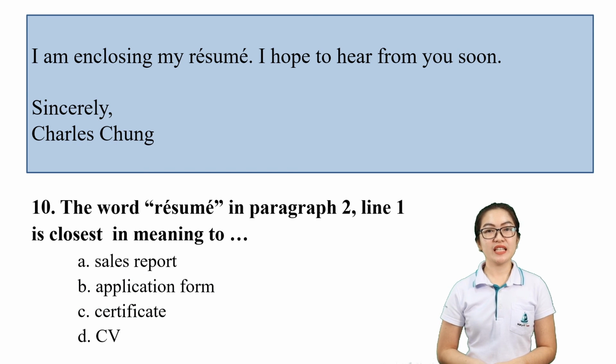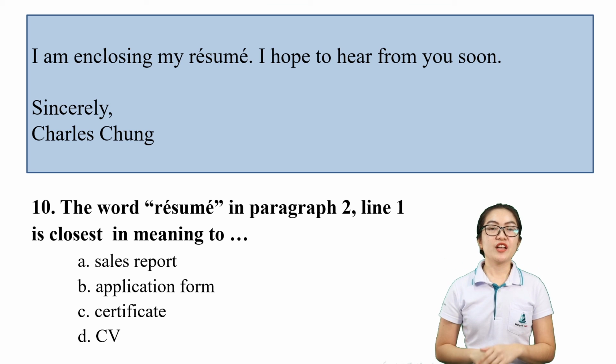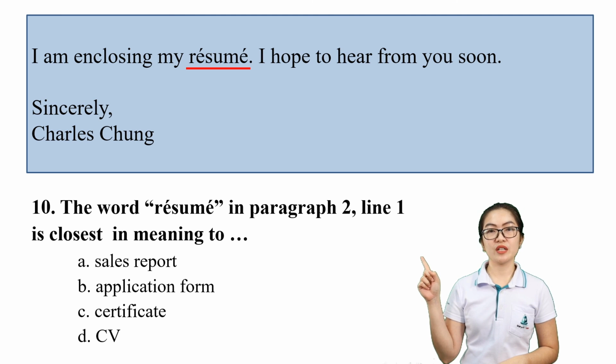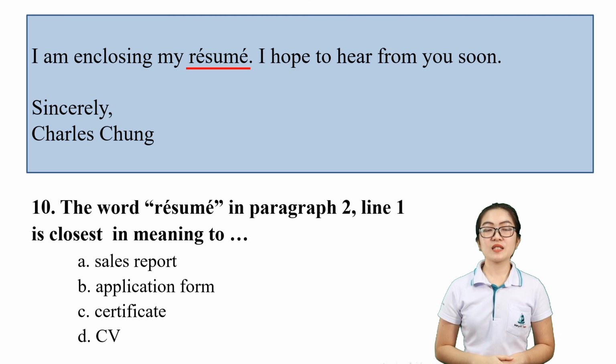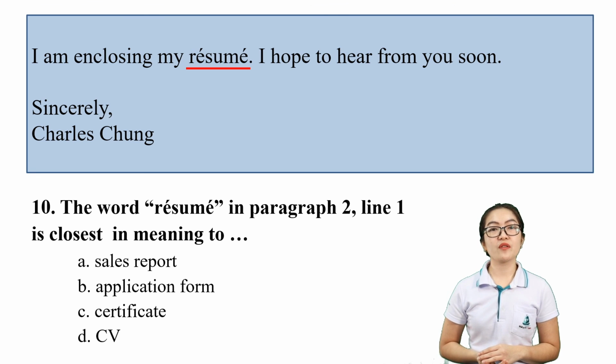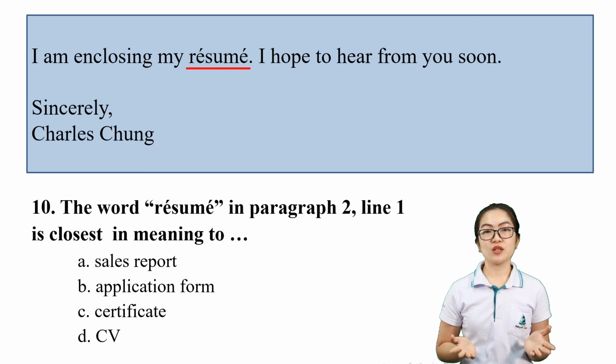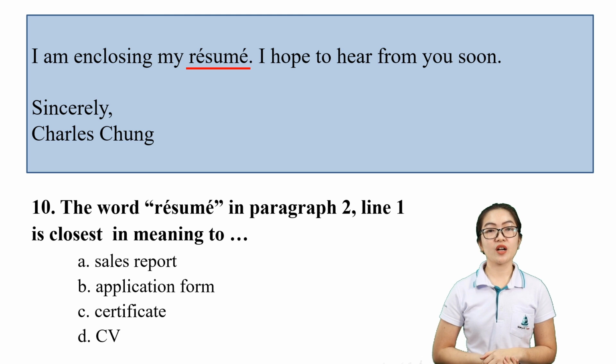Last but not the least, number 10. The word resume in paragraph 2, line 1, is closest in meaning to. First, let's define resume. It is a brief account of a person's education, qualifications, and previous experience, typically sent with a job application. A sales report is used as analysis of the state of sales within a company.